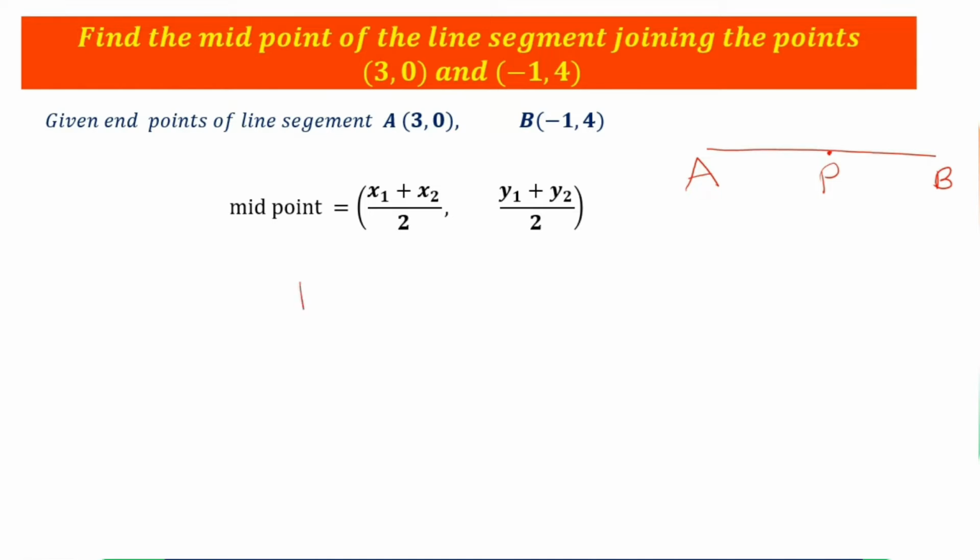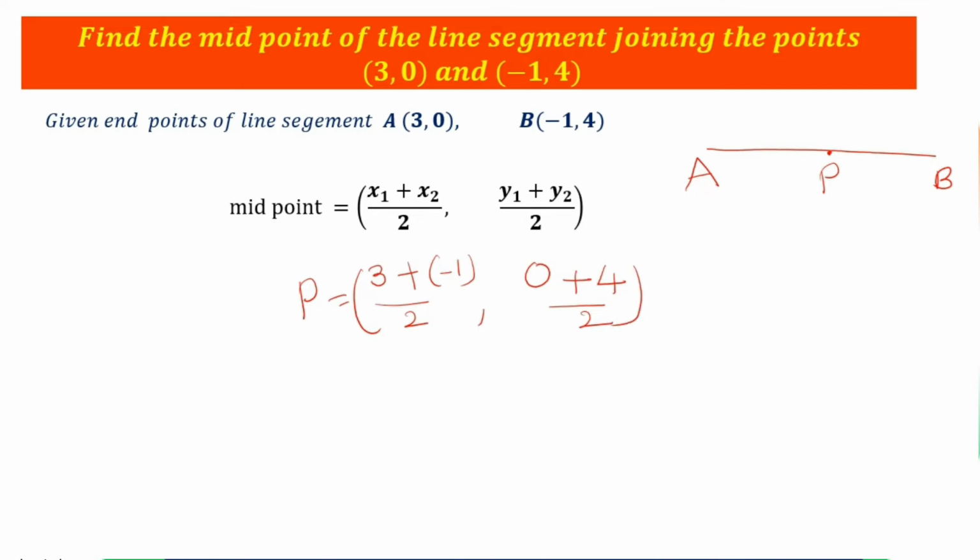Substitute the values: x1 is the first point's x coordinate, x2 is the second point's x coordinate. So (3 plus -1) by 2, and similarly the sum of y coordinates, (0 plus 4) by 2.